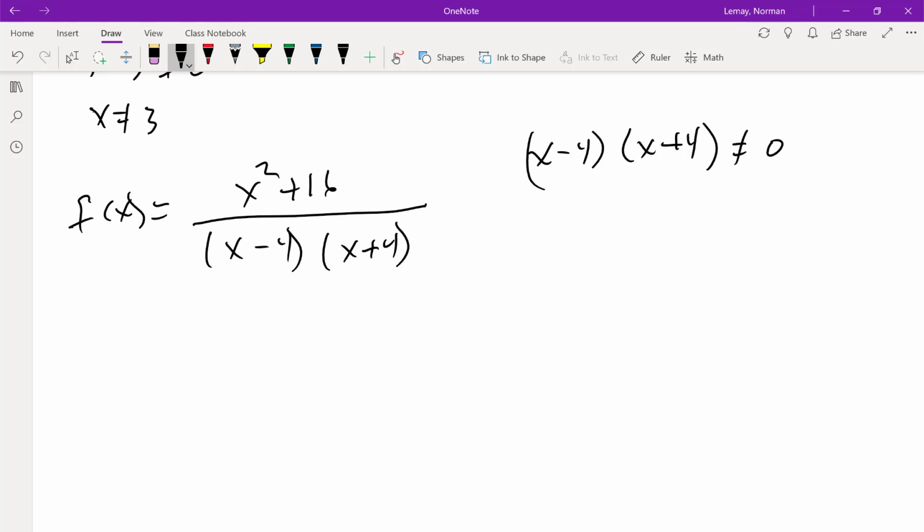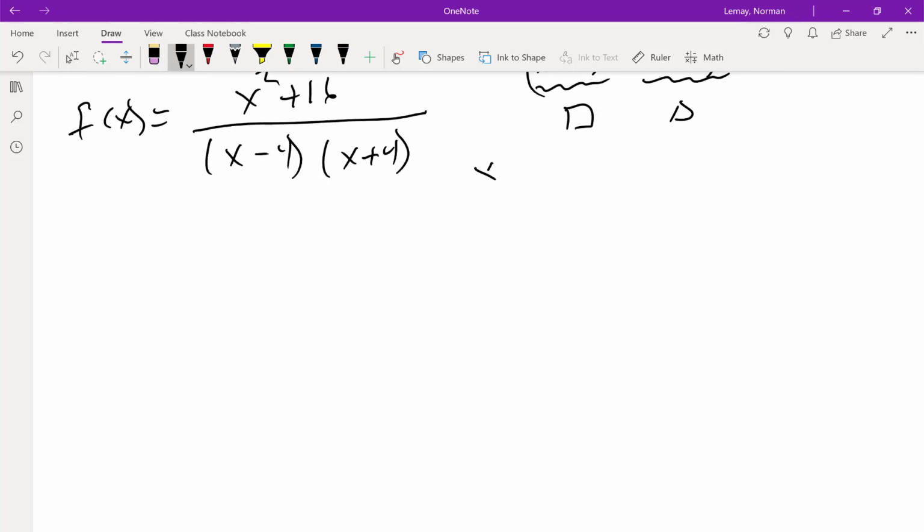From solving by factoring trinomials, remember, this becomes a, placeholder a, and this becomes b. Again, if you don't like the a's, this is square, and this is triangle. The only way that these two products can equal 0 is if one equals 0 or the other equals 0. So x plus 4 cannot equal 0 and x minus 4 cannot equal 0. Solving, we get x cannot equal -4 and x cannot equal 4.